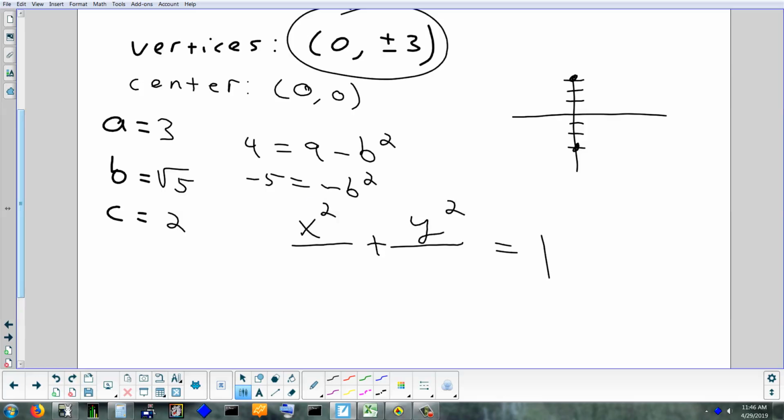Now, look at my vertices. How do they line up? Vertical or horizontal? Vertical. So put the bigger number under y, out of the a and the b. So be careful, what number is going to go under the y?